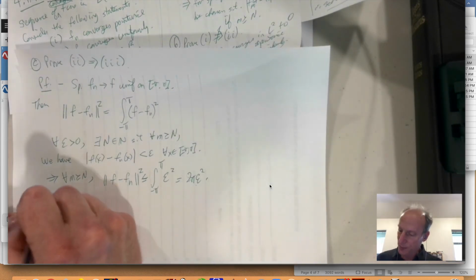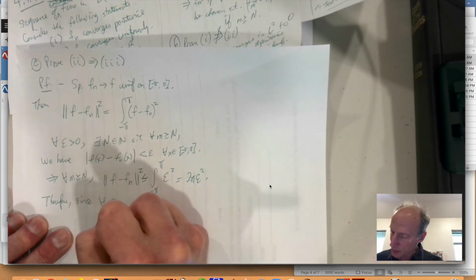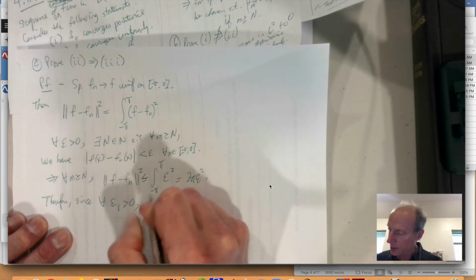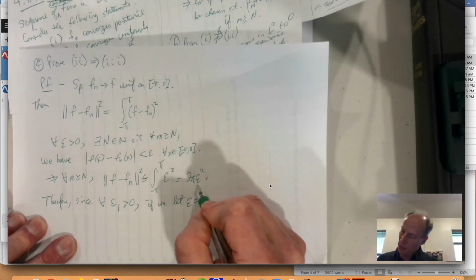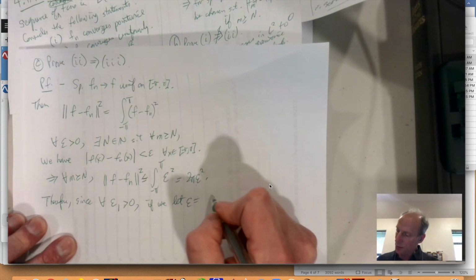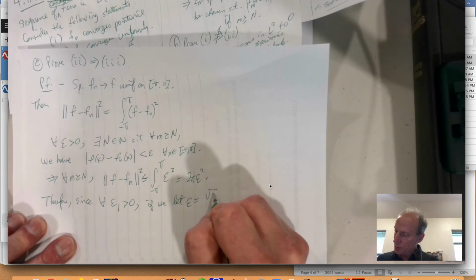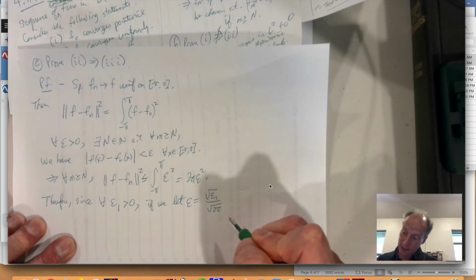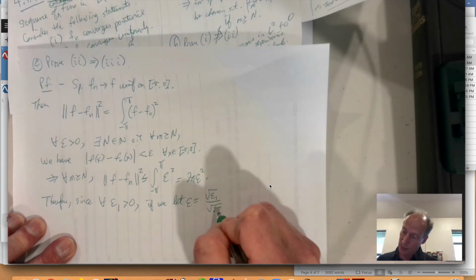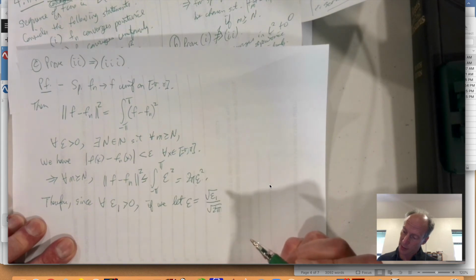So therefore, since that goes to 0, for all epsilon 1 greater than 0, if we let epsilon equal, let's see, square root of epsilon 1 over square root of 2 pi, then if we plug that in there, we will get epsilon 1, right?